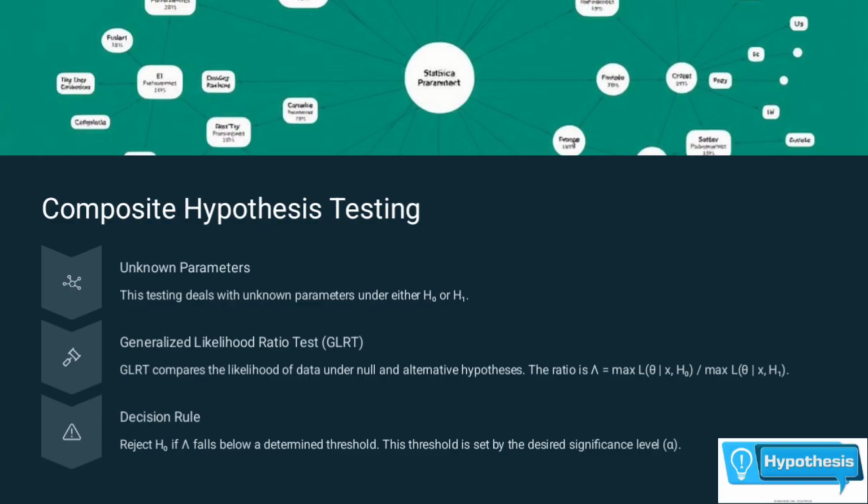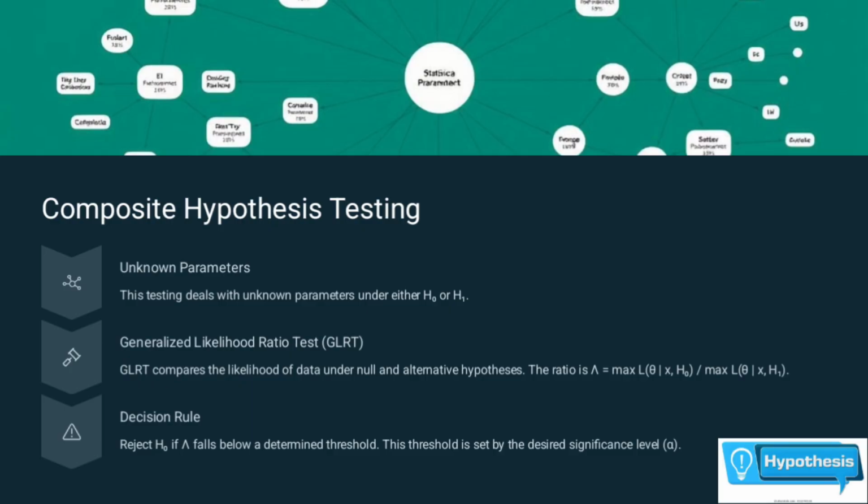Reject the null hypothesis: to test, compare the likelihood of the data under the null hypothesis H0 and the alternative hypothesis H1. The ratio is given by lambda(x) equals L(H0 | x) over L(H1 | x).